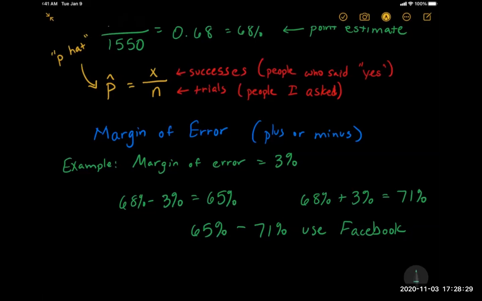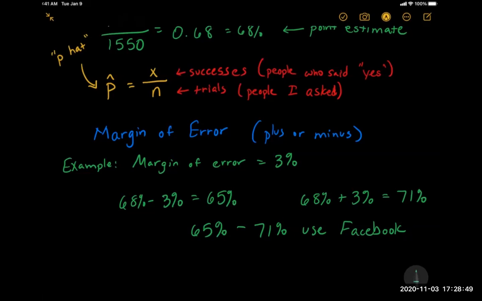Again, I am assuming that the 1,550 people that I selected are people from all over the world chosen at random. If I survey 1,550 people in Marble Falls, Texas, I don't think it's reasonable for me to say that Marble Falls, Texas represents the entire world.